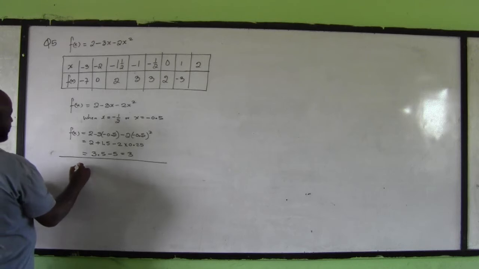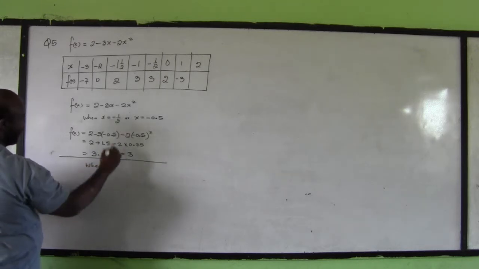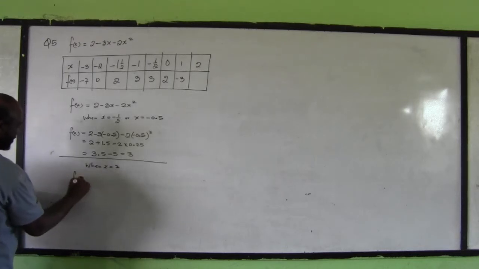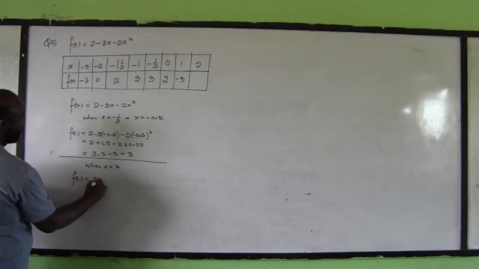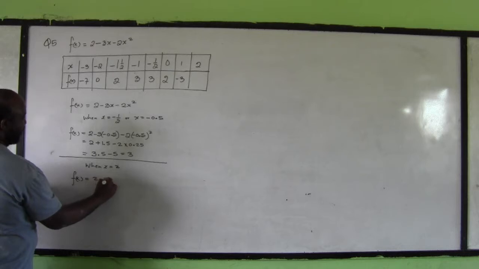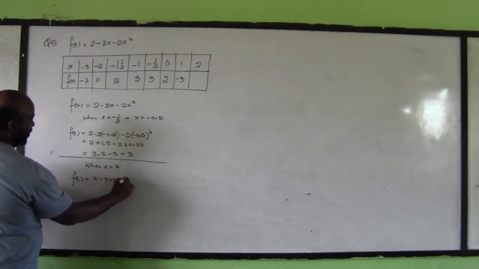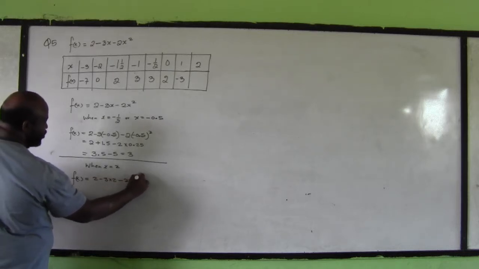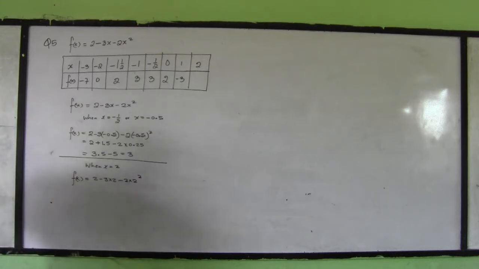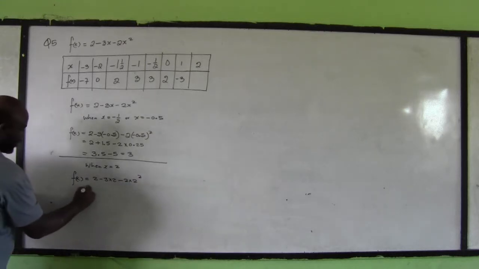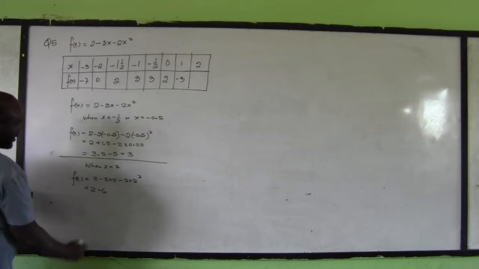I'm going to say when x is equal to 2, f of x would be equal to 2 minus 3 times 2 minus 2 times 2 squared. I'm going to get 2 minus 6.